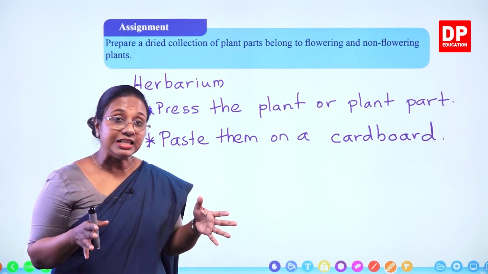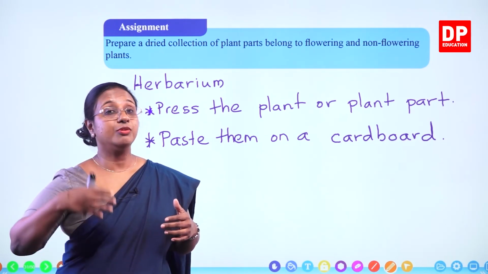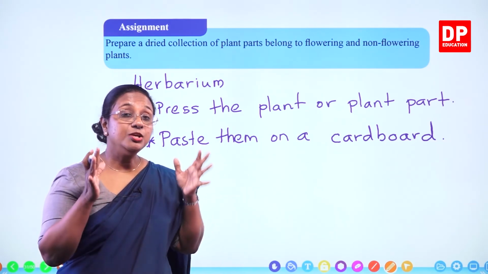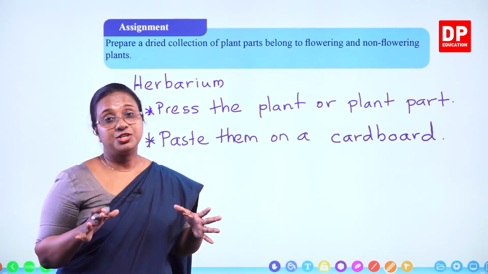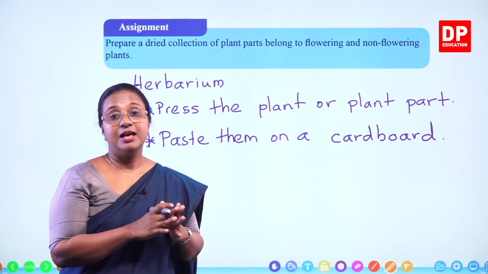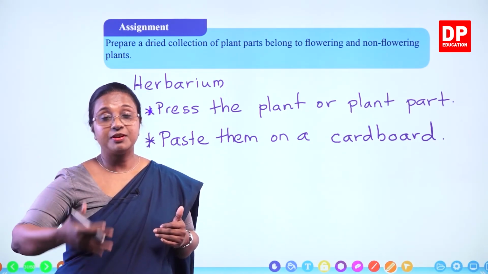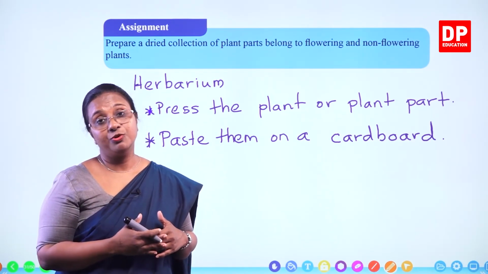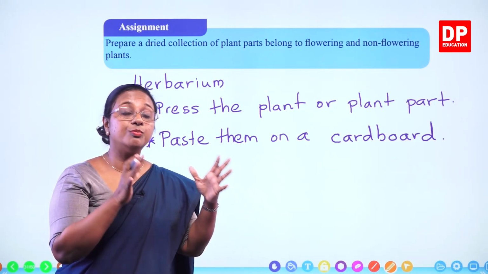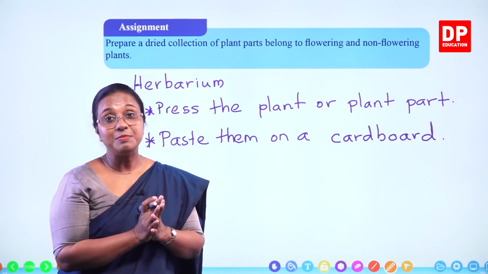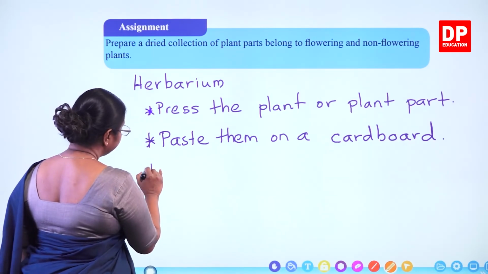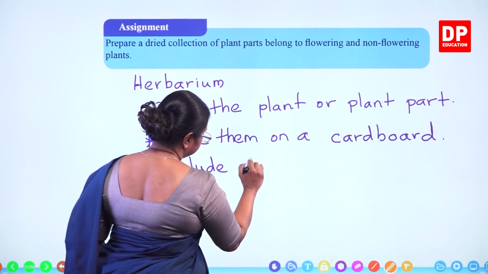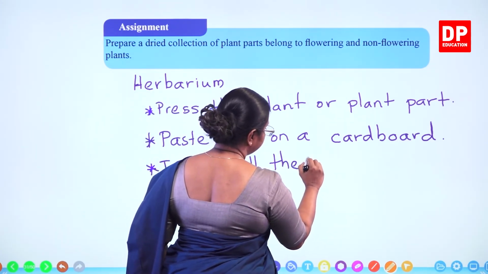When you collect them, you get a lot of information, and when you press them and make the herbarium, you have solid information. You can always refer to it, and also use it as a reference to identify new plants that you may not have seen before. So then you at least know to which group or category that plant belongs. So here we need to include all the information.